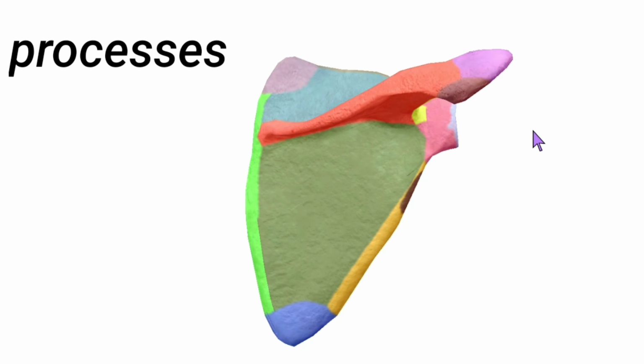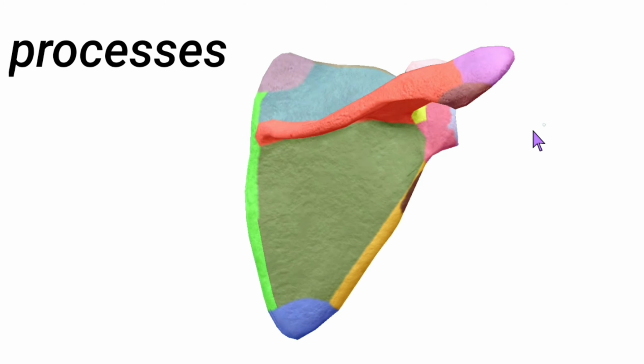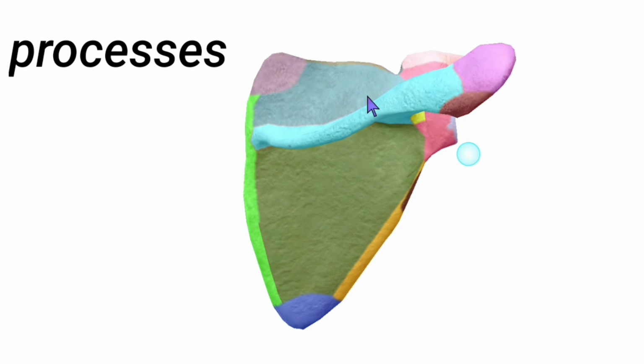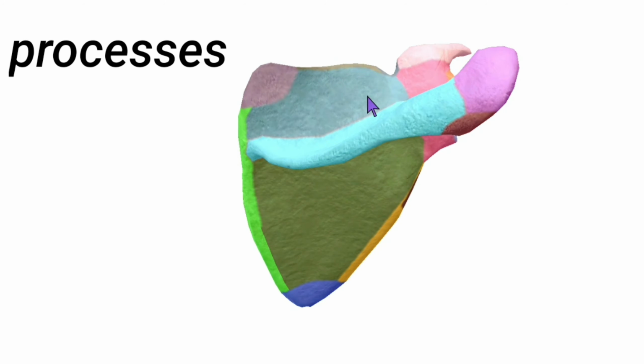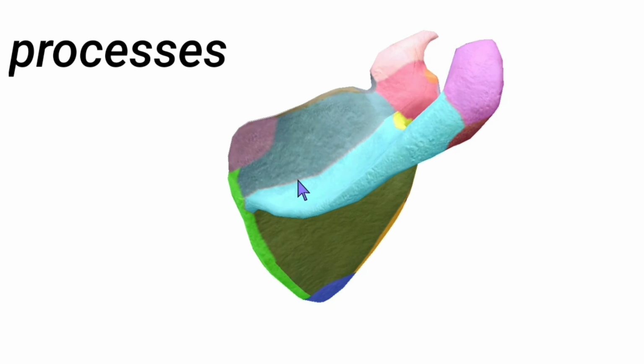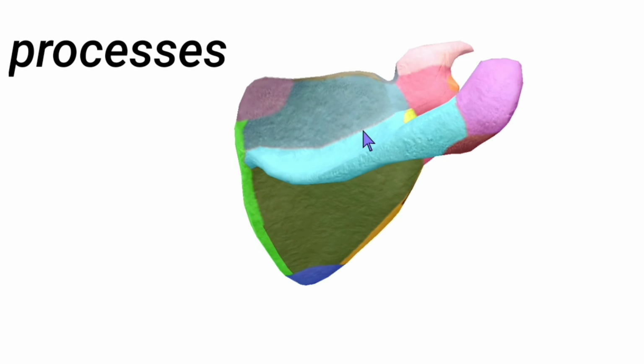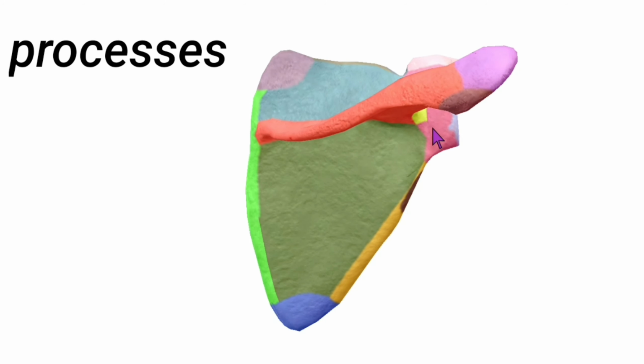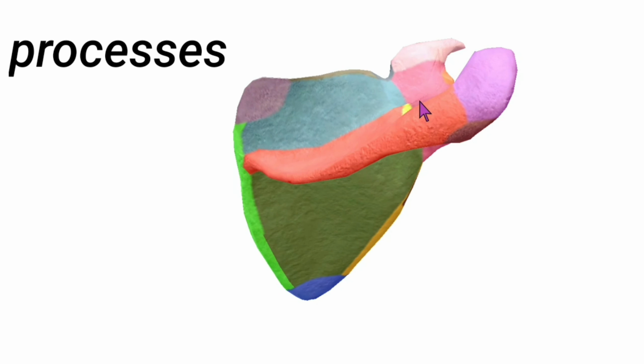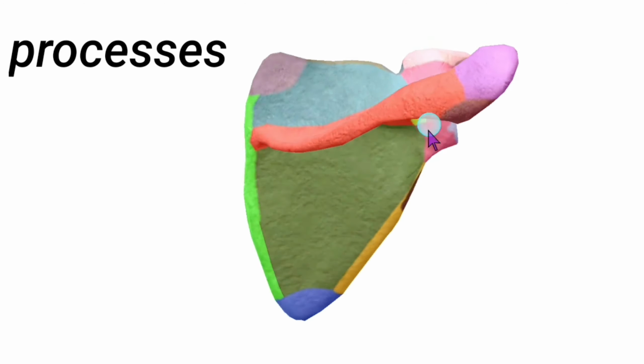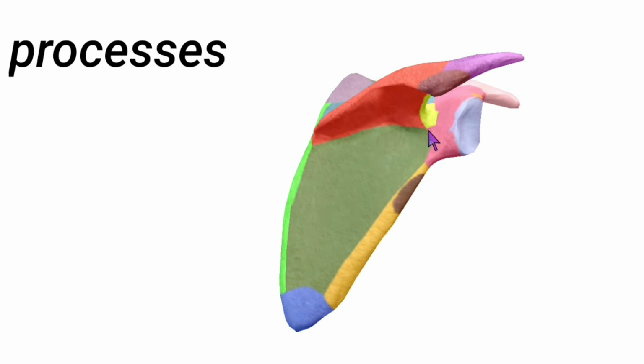Now moving on to the processes. The spinous process is a triangular plate of bone with three borders and two surfaces. The borders are the anterior border that attaches to the dorsal surface of the scapula, the posterior border which has two lips, the upper lip and lower lip, and another border is the lateral border that forms the spinoglenoid notch.